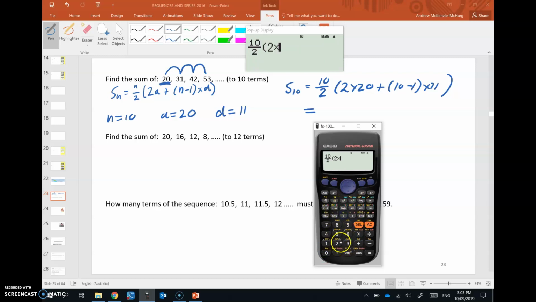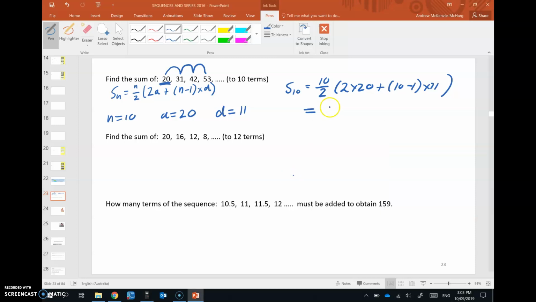Okay, 2 by 20 plus 10 take 1 times 11, and that gives us 695. All right, so we did that without knowing the last term in the sequence.